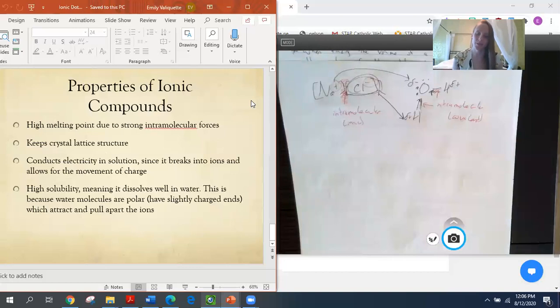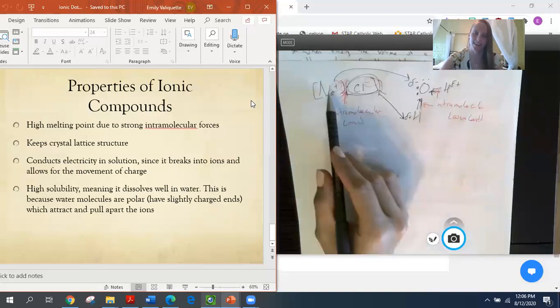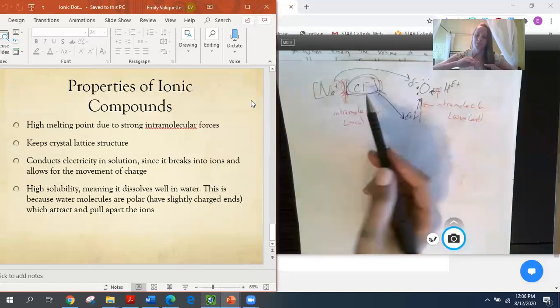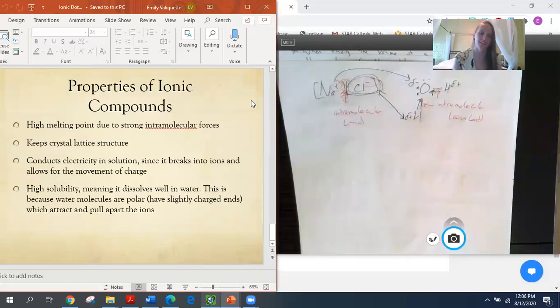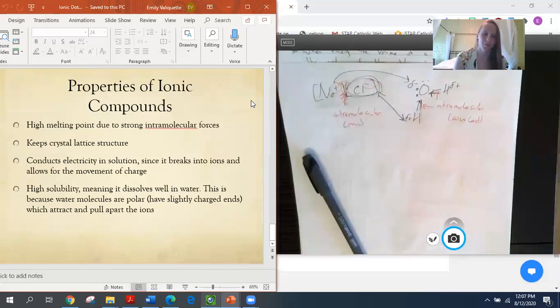So because of the polarity of water and the attraction of those poles to the ions in an ionic compound, the ionic compound gets pulled apart and therefore dissolves in the water. And we'll talk more later on about how we determine just how soluble ionic compounds are, because some are more soluble than others, but they are all to some extent soluble.